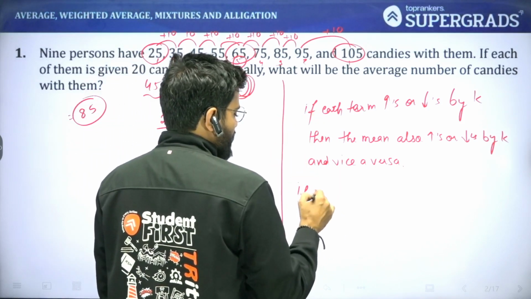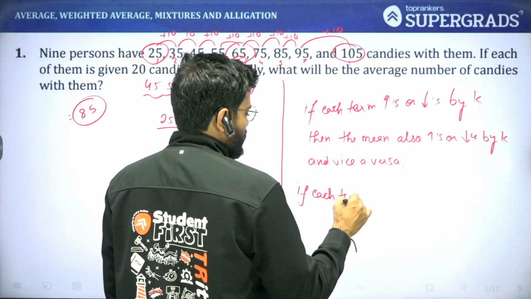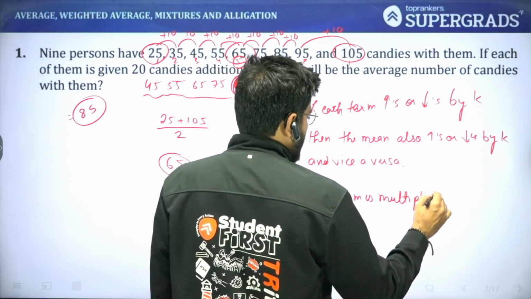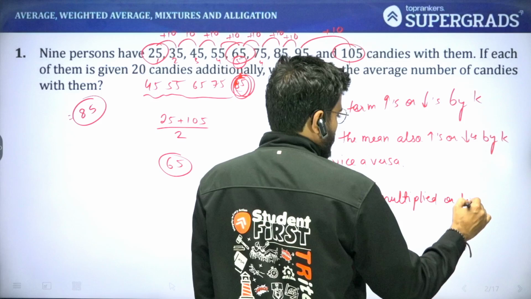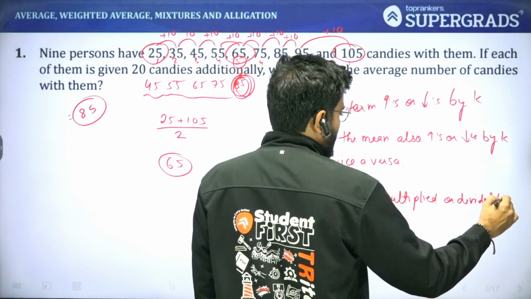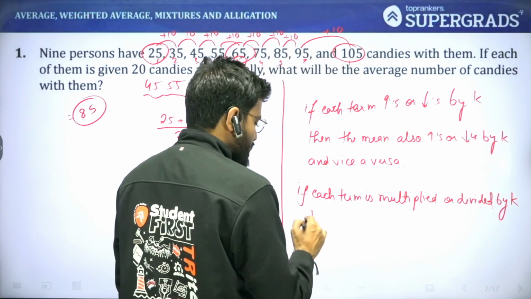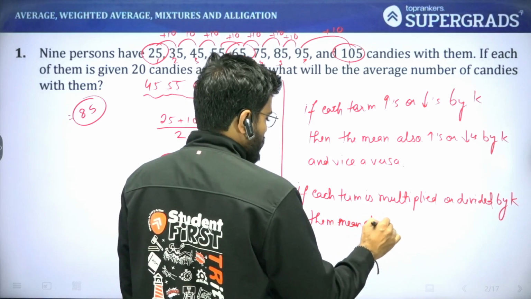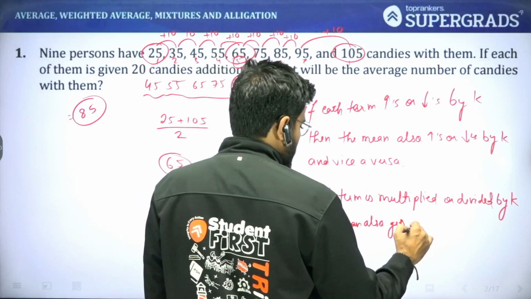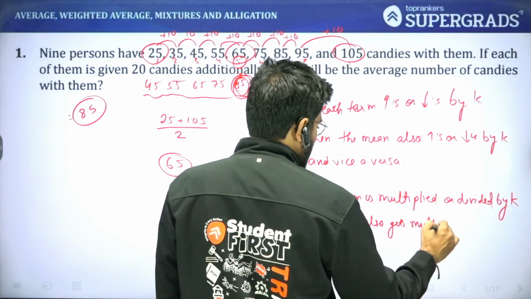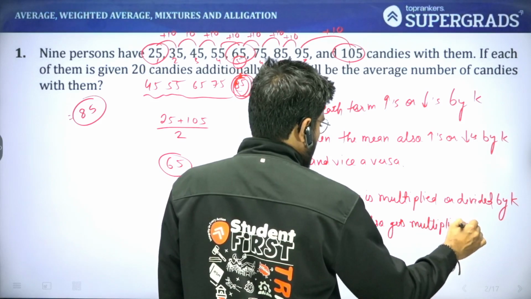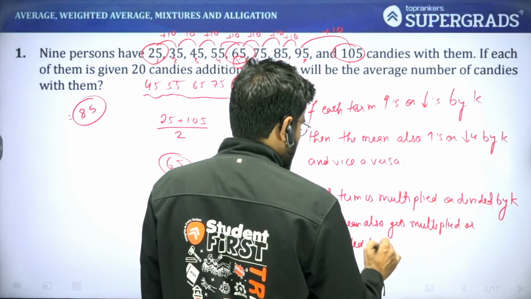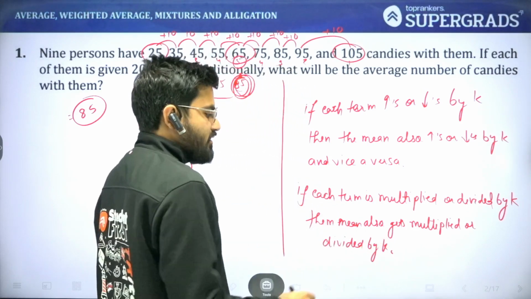If each term is multiplied or divided by k, then the mean also gets multiplied or divided by k, and vice versa.